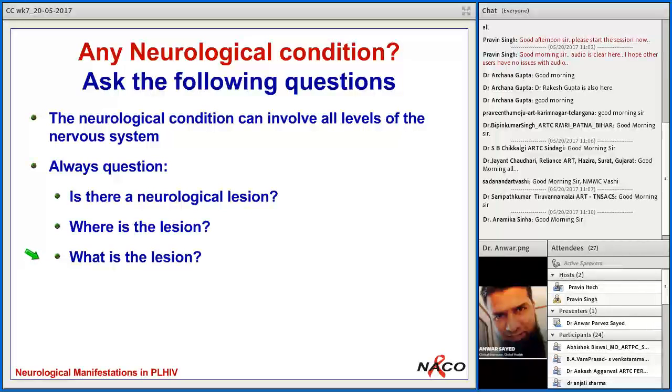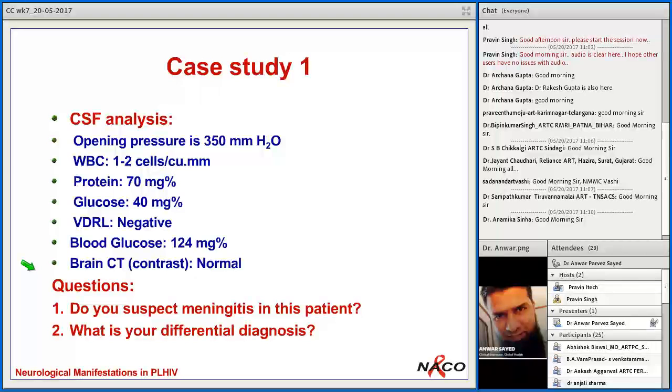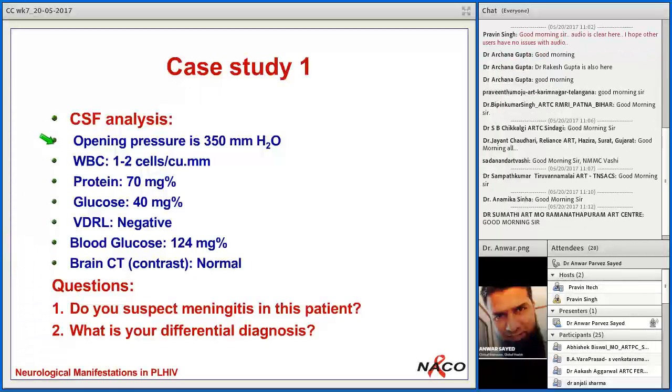So to take that decision, we need to clinically examine the patient and come up with some differential diagnosis so that our line of investigation and line of treatment will be decided. So, where is the lesion? This question is easy to answer these days when we usually have all those facilities available, and it will be based on our clinical examination.